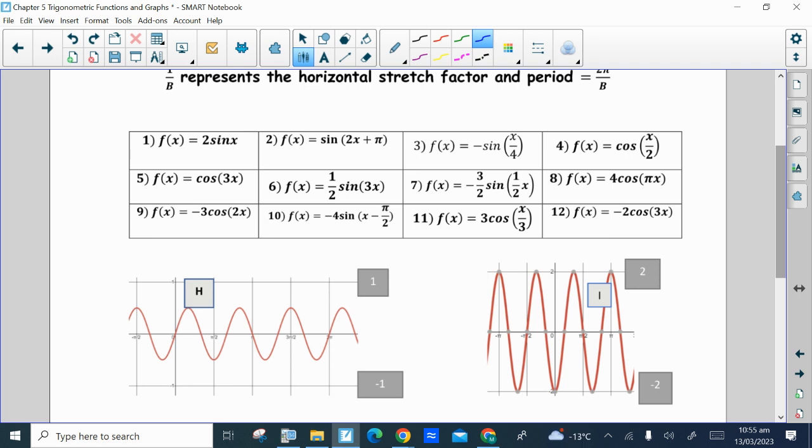So for equation number 1, when you find the graph of y equals 2 sine x, whatever letter corresponds to that graph, this first graph corresponds to the letter h. So whatever equation matches that graph, if it's equation, let's say 3, that matches graph h.